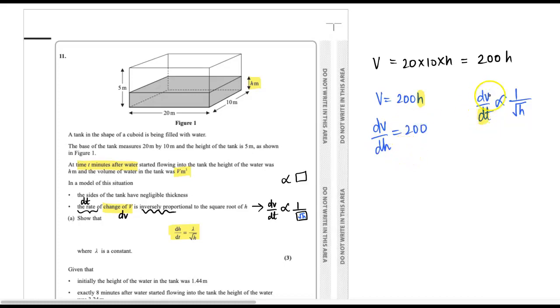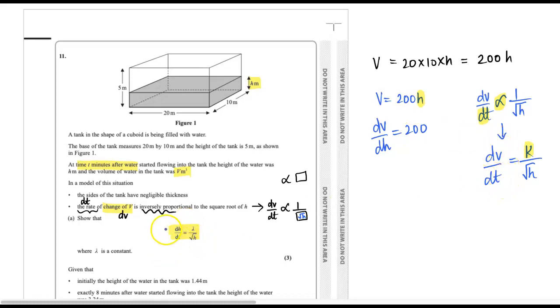Correct? And over there, dV over dt is inversely proportional to 1 over root h. If we remove the inversely proportional sign, can we say that dV over dt is equal to k, some constant value, over root h? Whenever we remove the proportionality sign, we need to take some constant over there. Okay, so dV over dH is this.